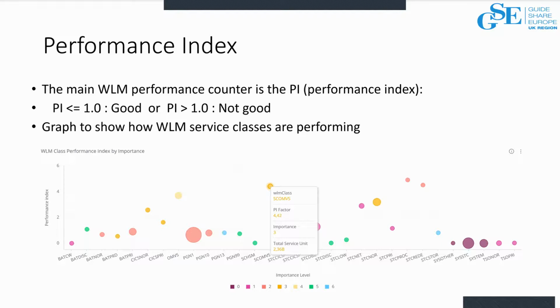So perhaps it's another way where you can review the definition to try to set up better parameters for the workload. Okay, and this is one representation here just to see the PI factor on a specific service class, the importance that this service class is running, and the total amount of service units.